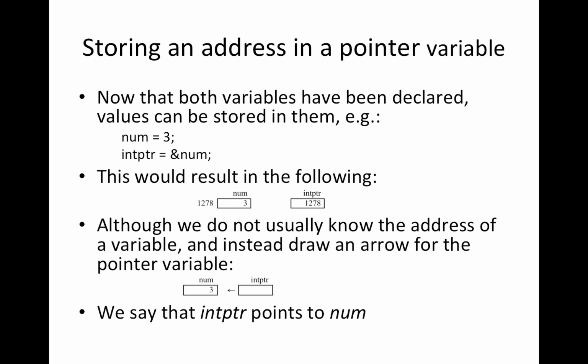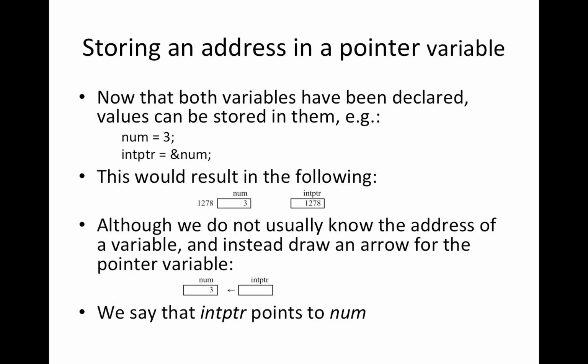Now that both variables have been declared, we can store values in both of them, for example, using assignment statements. So we could say num gets the value 3, and intptr gets the value of the address of num. So num would now store the value 3, and intptr would store the actual address or location of the variable num. For example, if the location is 1278, that's what we're storing in the pointer variable.